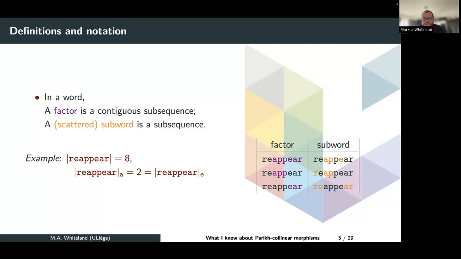For factors, on the left we have appear, app, and ear. But we also have subwords that do not appear as factors, here ape, rap, and rear. So a factor is always a subword, but a subword is not always a factor.